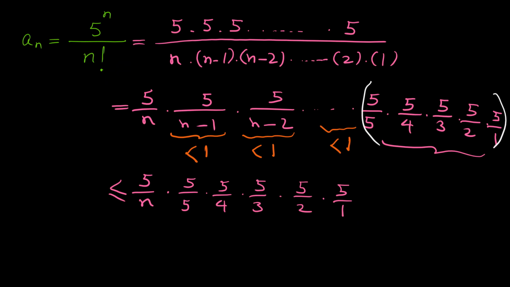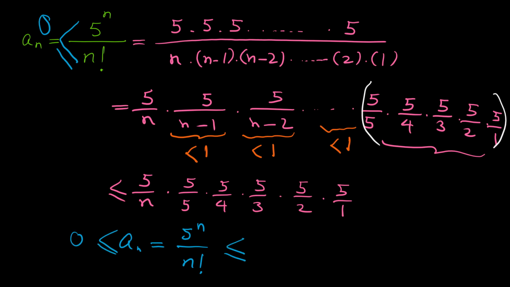Also, it should be clear that this is always greater than 0. So a_n, which is 5 to the n over n factorial, is greater than 0 because this is always positive, and less than or equal to this.